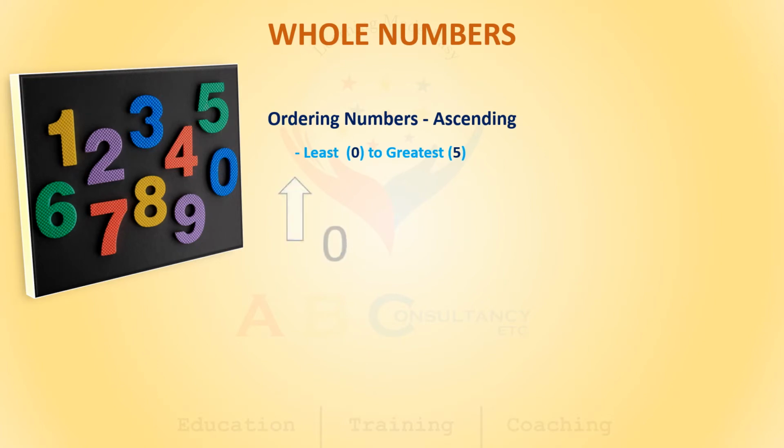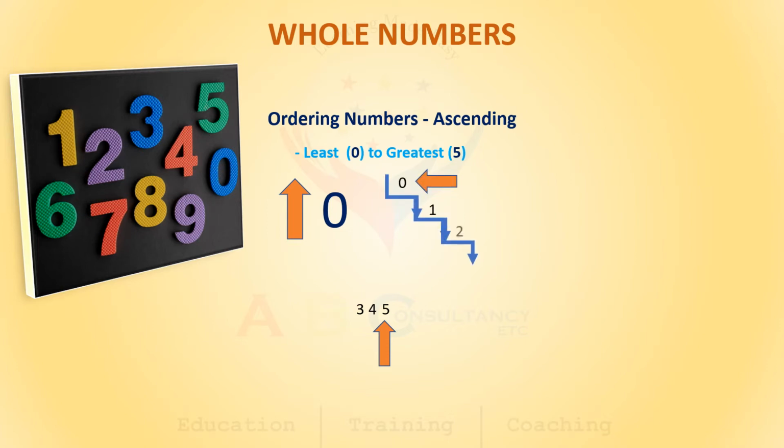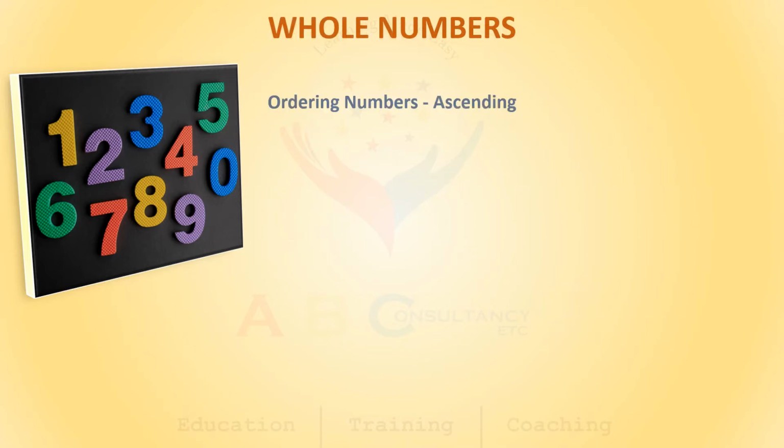The lowest numbers appear first, followed by the greatest ones in ascending order.